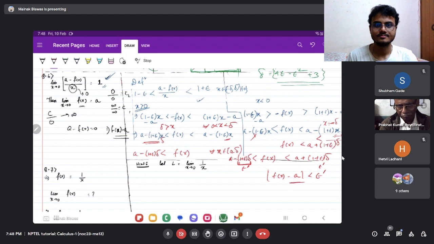Isn't this very elegant? The only catch is putting this delta here. So if you can get that catch, it'll be easy. So if you have doubt in this step, you can ask. I can try to answer. Anyone with a doubt? So what I did is, for all values less than delta, this is true.